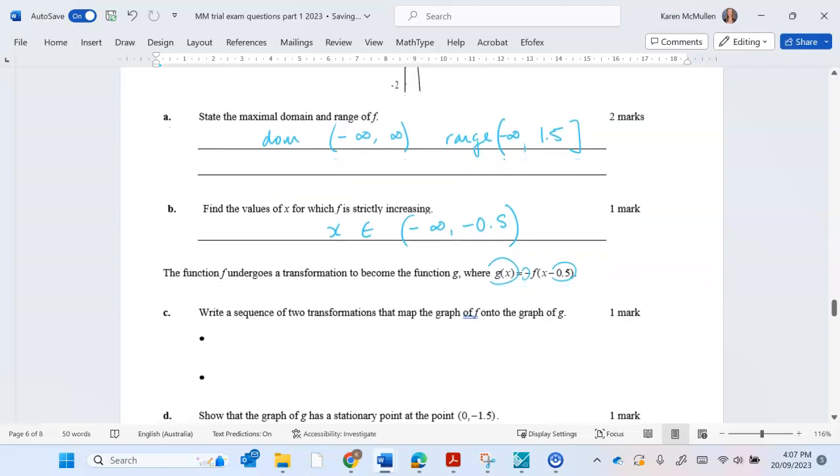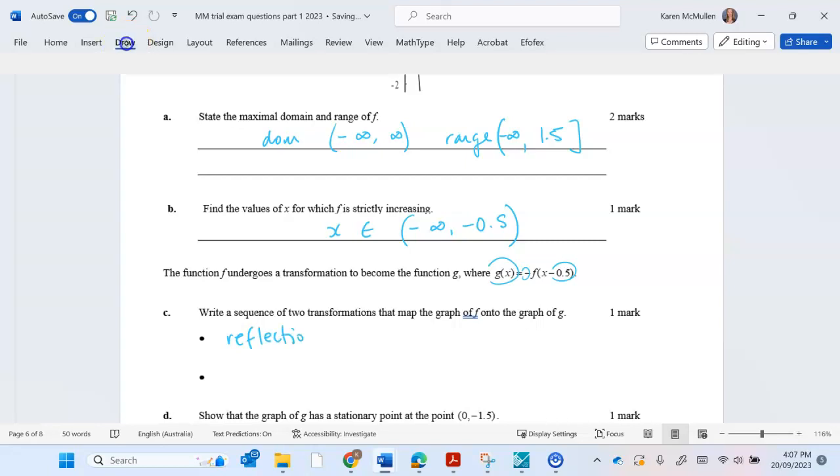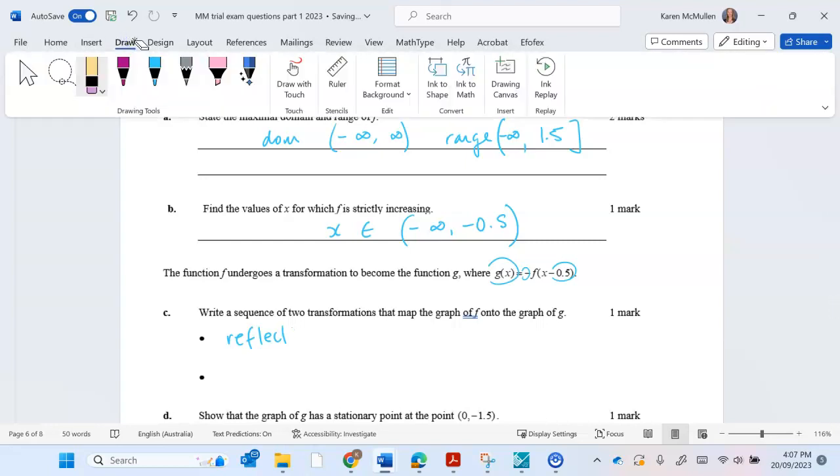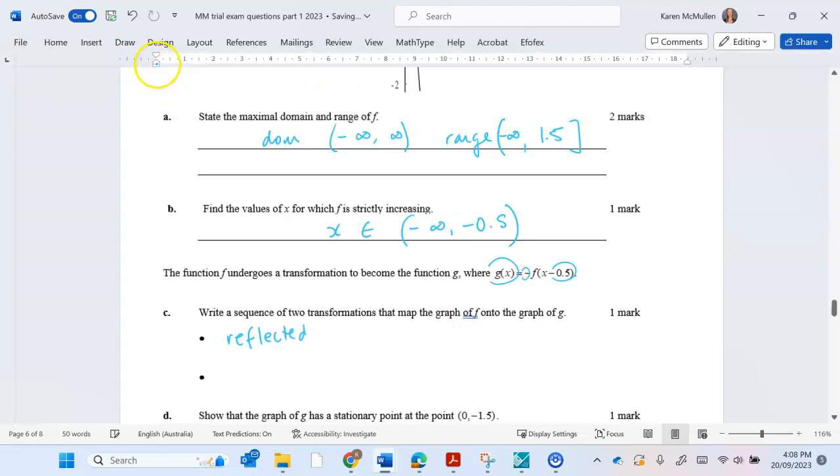First of all, that negative means we've had a reflection. We're changing our y value, so it's reflected in the x-axis.